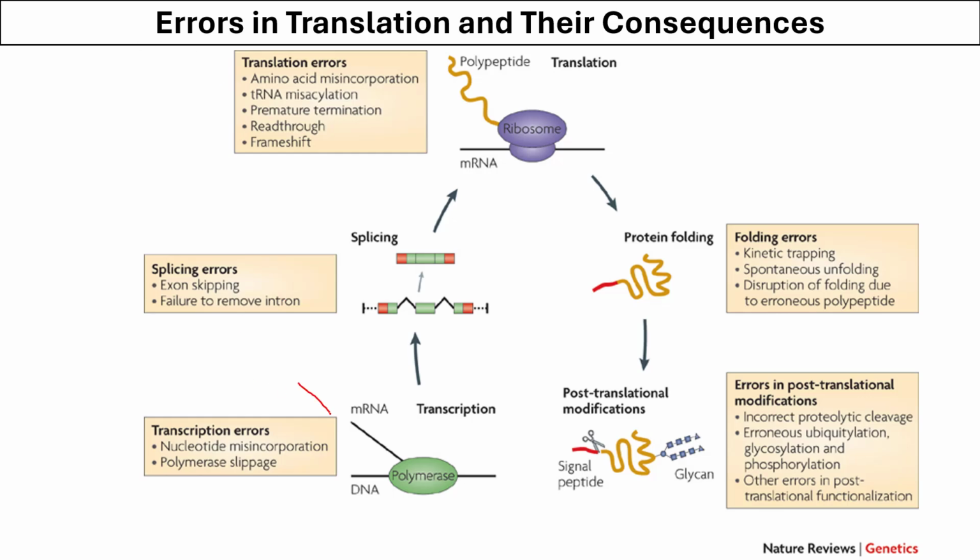Maybe you do not synthesize the correct mRNA from the DNA strand. Maybe you are not splicing out the useless information from the mRNA strand properly. At the time of translation, there are possibilities that you do not bring the correct amino acid to the polypeptide chain. The polypeptide chain elongation is terminated prematurely, or there is a shift in how you are reading the code, and that shift of one nucleotide will lead to a whole incorrect sequence of amino acids that you bring in.